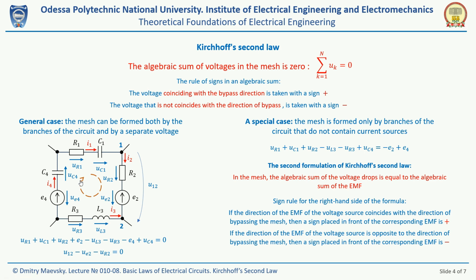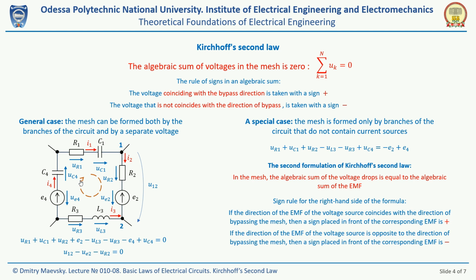When we have chosen the conditional positive direction of the mesh, we can formulate the rule of signs in the equations of Kirchhoff's second law.